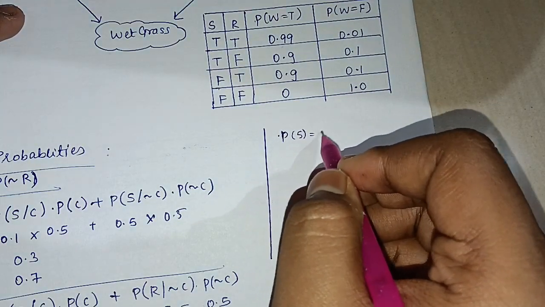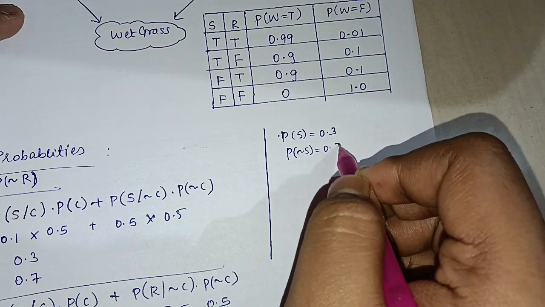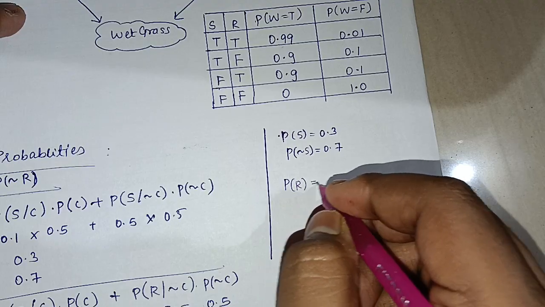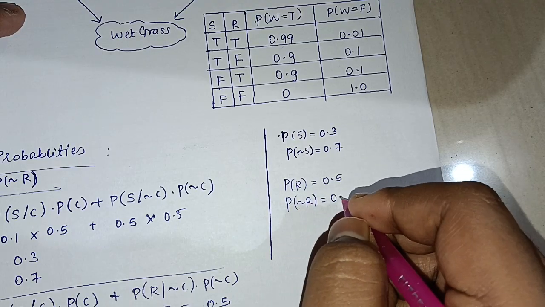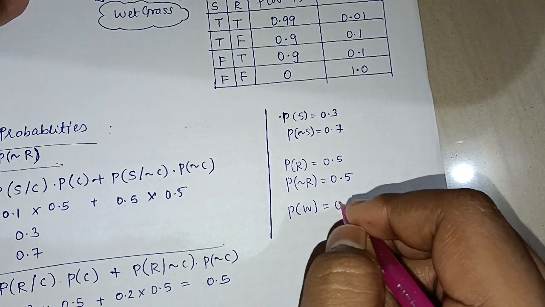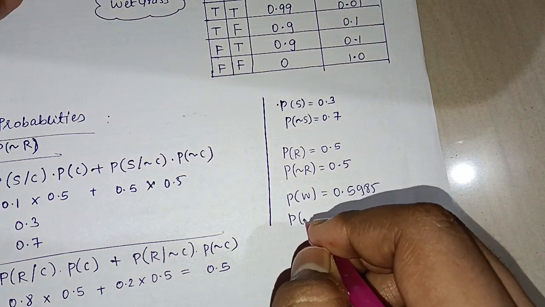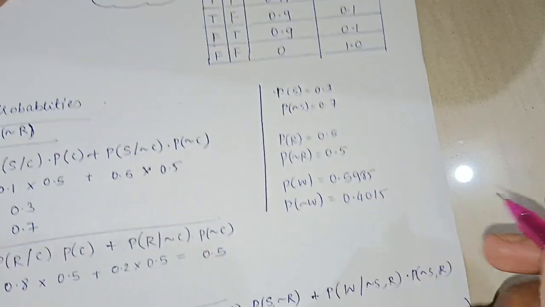P of S is 0.3, P of negation S is 0.7, P of R is 0.5, P of negation R is 0.5, P of W is 0.5985, and P of negation W is 0.4015.